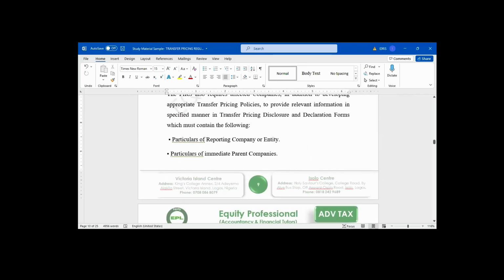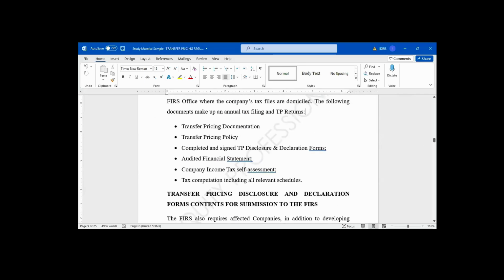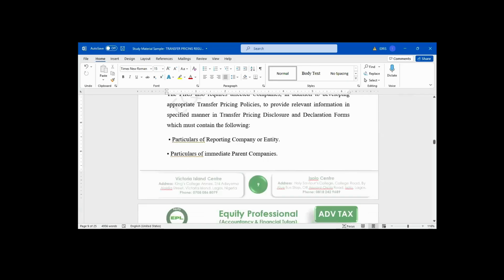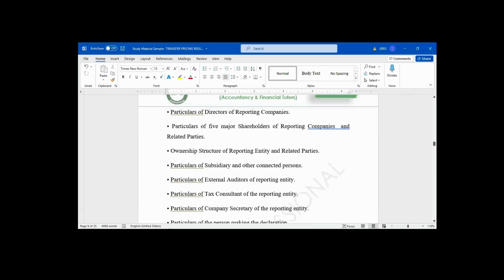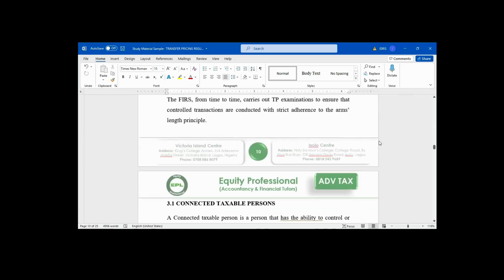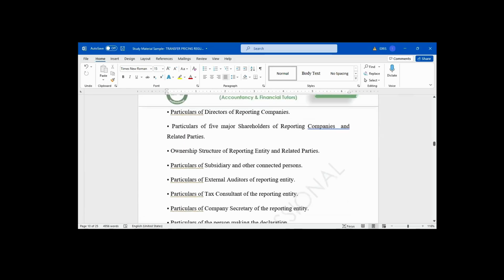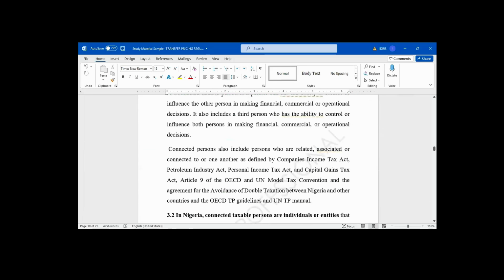But it is very important for you to know the content of the transfer pricing disclosure and declaration form. So please take note of that.